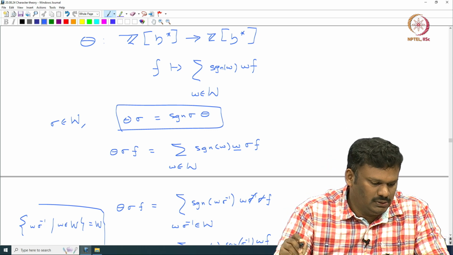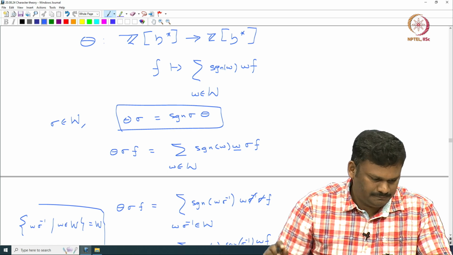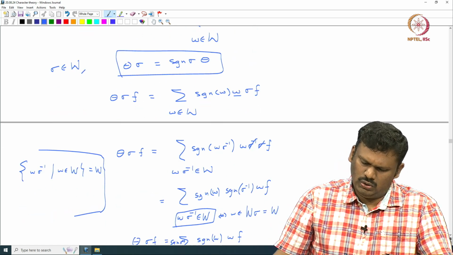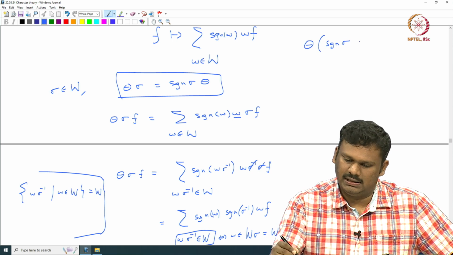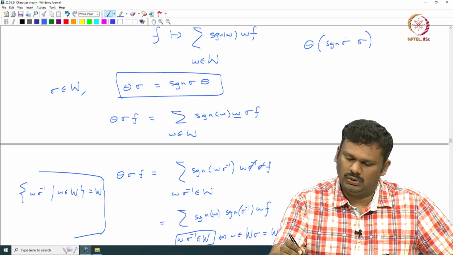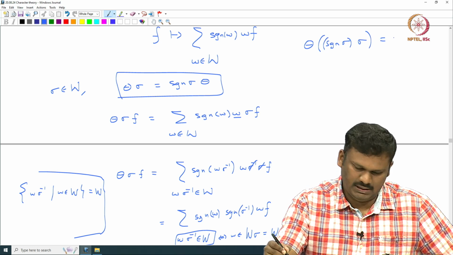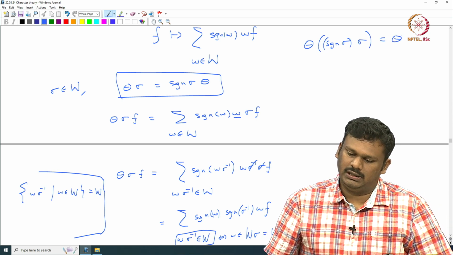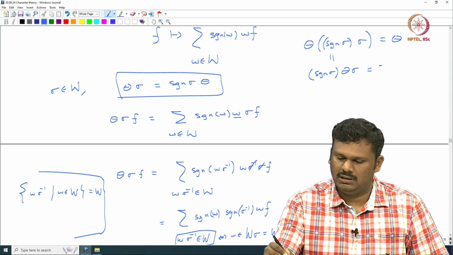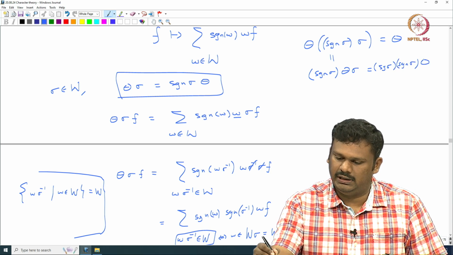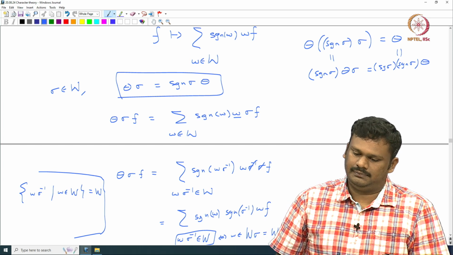So, this tells you that whenever you apply theta of sine sigma then sigma, you should get back theta, because that is going to be exactly sine sigma times theta sigma, which is nothing but sine sigma times theta. So, which is the same as theta.